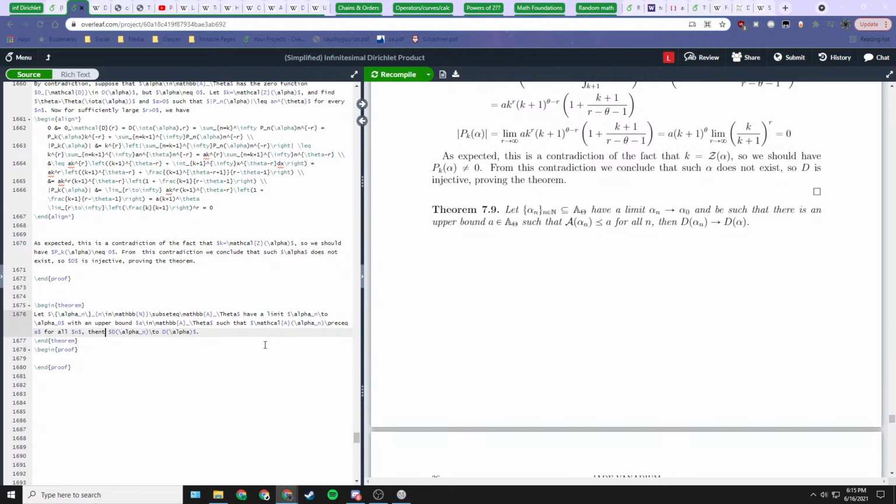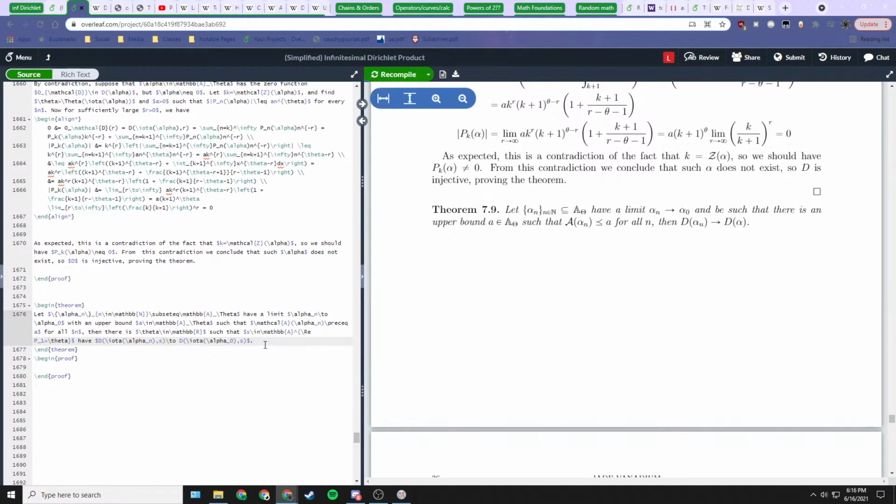Then there is theta. There's theta in the reals such that for s in this half plane, real part of s greater than theta, we have d of iota alpha n with s goes to d of iota alpha 0 with s.